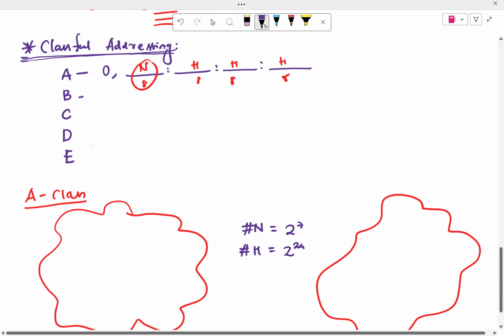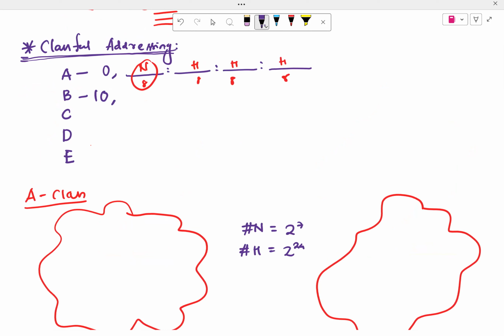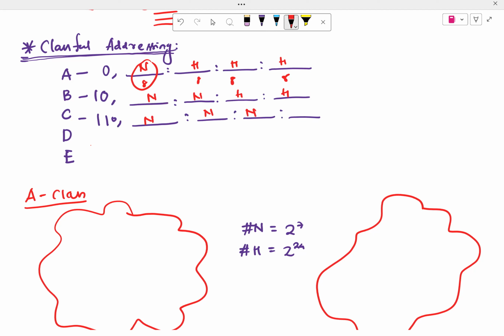Similarly, class B should start with 1 0, and it should look like network, network, host, host. Class C should start with 1 1 0, and then it should be network, network, network, host.